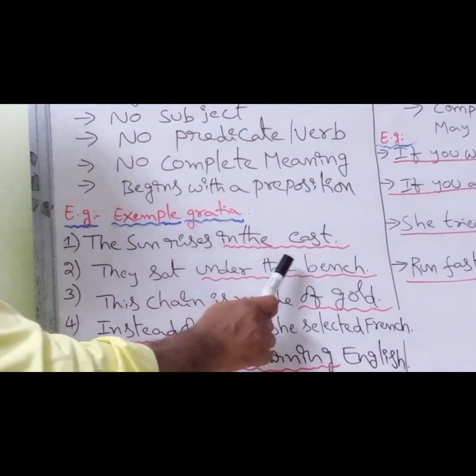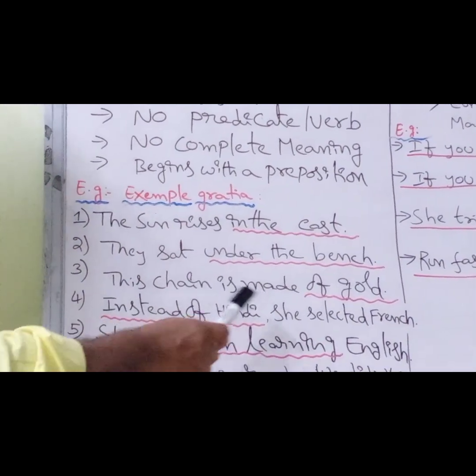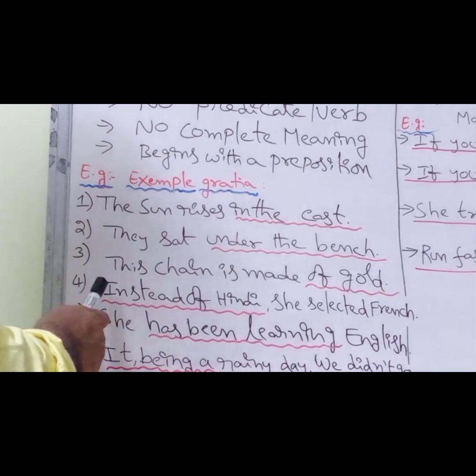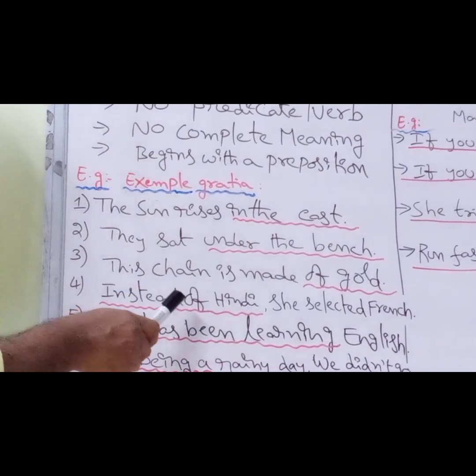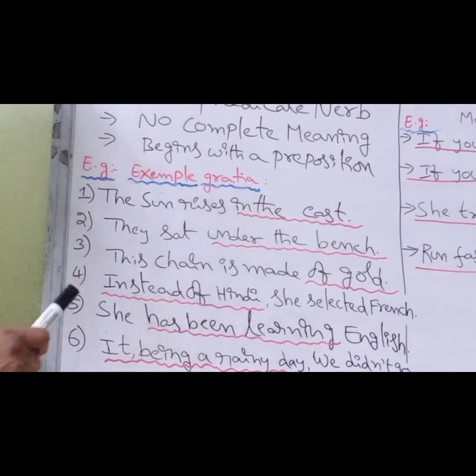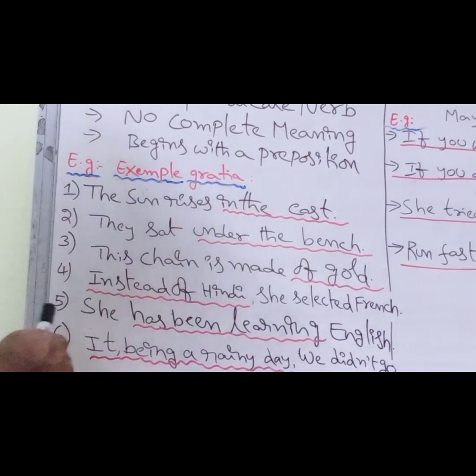In the second example, it is again a group of three words, under the bench. In the third example, it is a group of two words, of gold. In the fourth example, it is a group of three words, instead of Hindi.